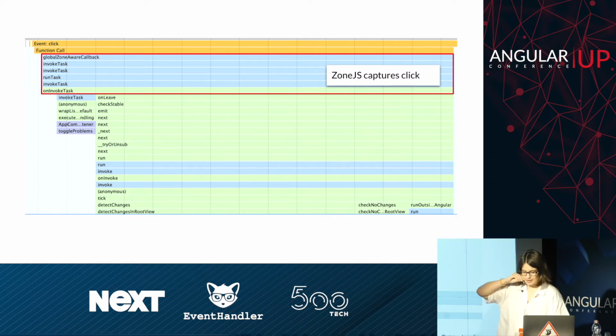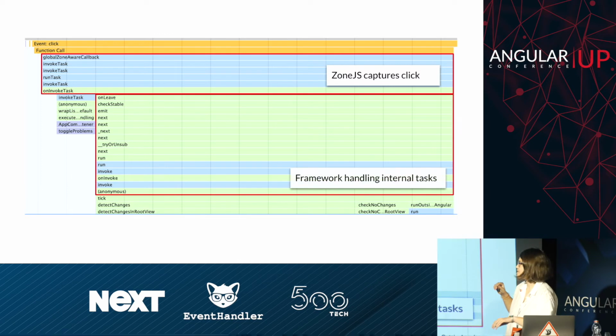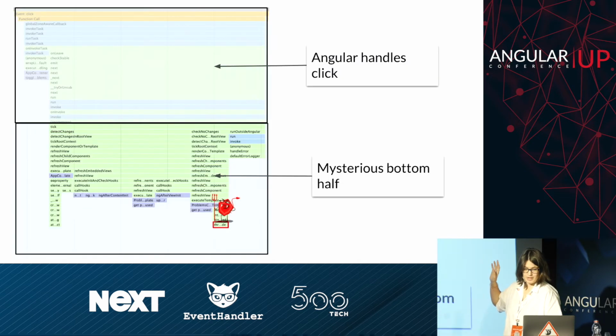Downstairs, something saying next, next, next, emit, next, next, run, invoke. This is the framework handling the event. Not going to dive into it today, but you can play with it at home: it is Angular handling click.